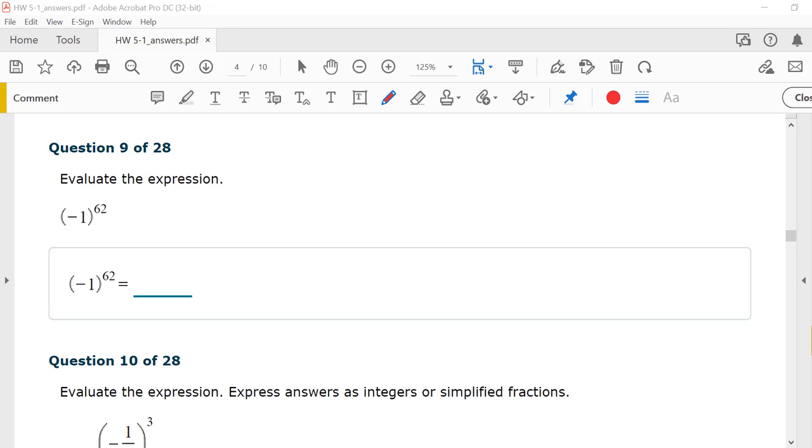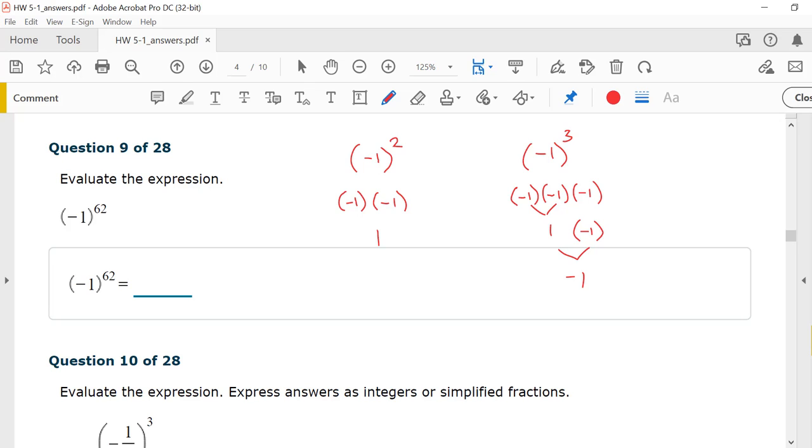Number 9, evaluate negative 1 to the 62nd power. I'm not going to write that out, but one thing I do want you to watch, if I have negative 1 to an even power, let's say squared, that's negative 1 times negative 1, which is just 1. If I have negative 1 to an odd power, say cubed, negative 1 times negative 1 times negative 1, I would get 1 times negative 1, which is negative 1.